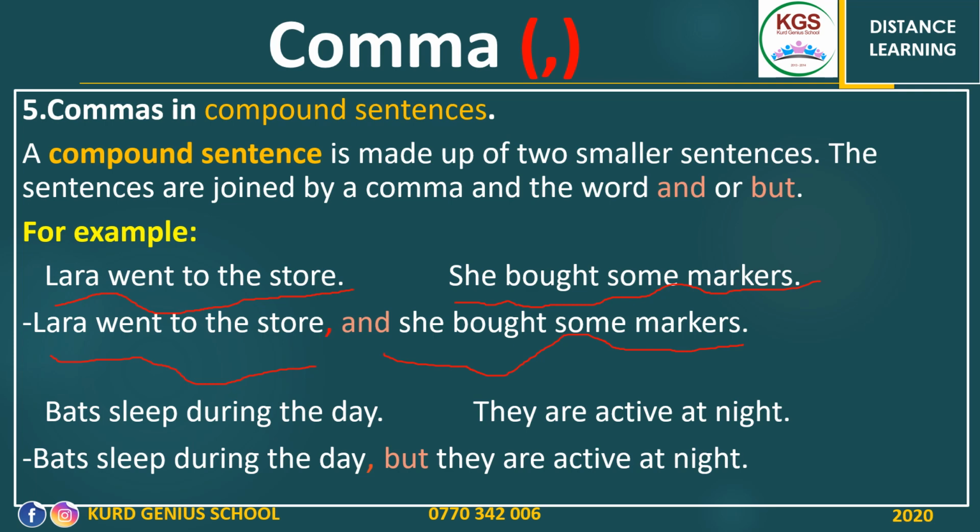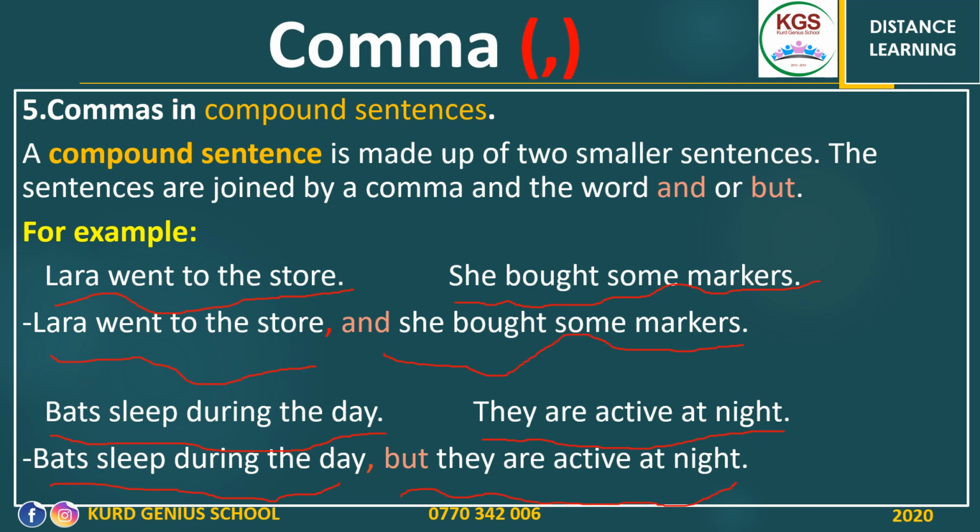The second example, bats sleep during the day, they are active at night. Bats sleep during the day, but they are active at night.